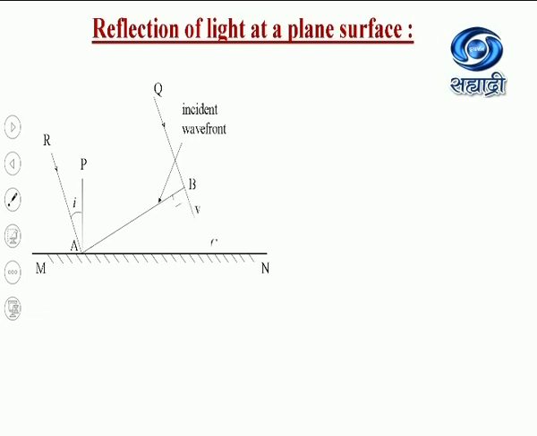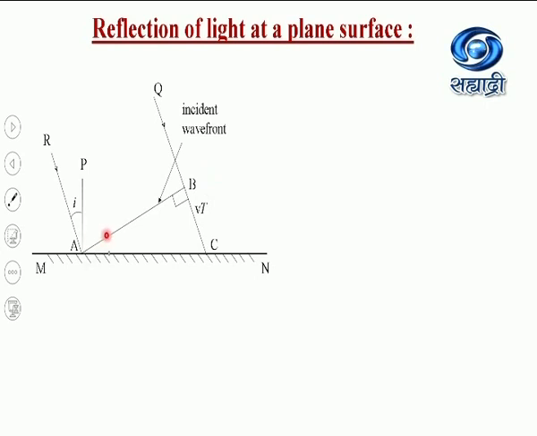And in the same time capital T, point B will cover a distance equal to Vt and it reaches the reflecting surface at point C. So the distance BC is equal to Vt.